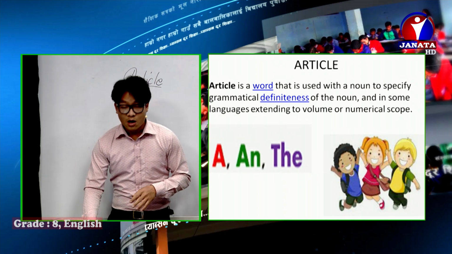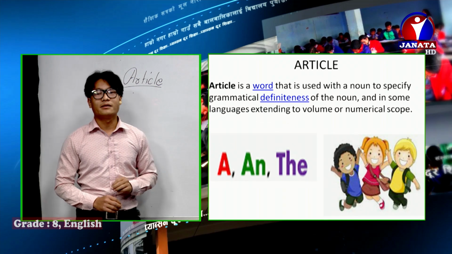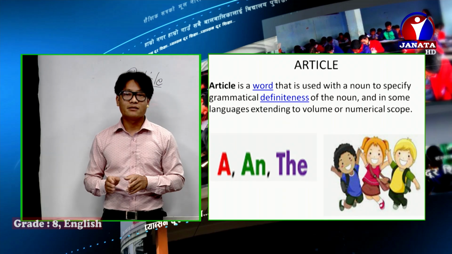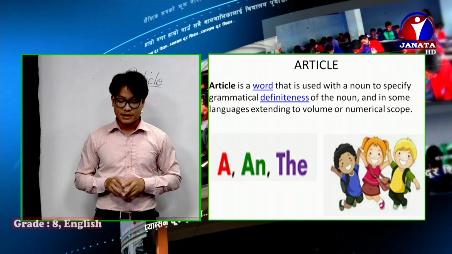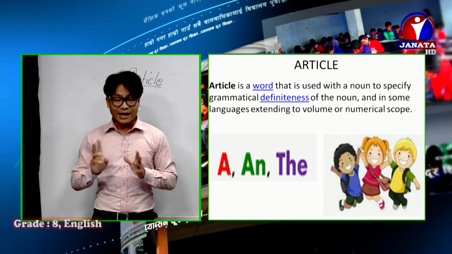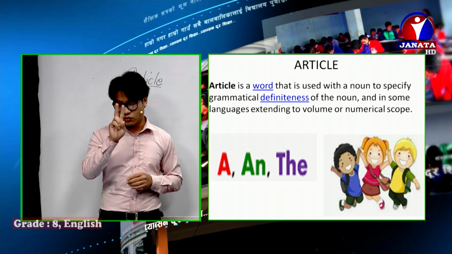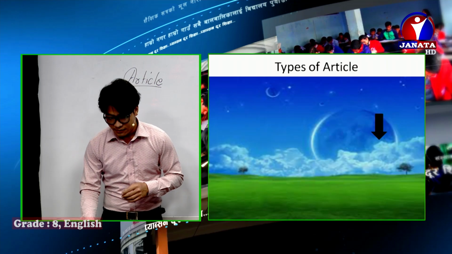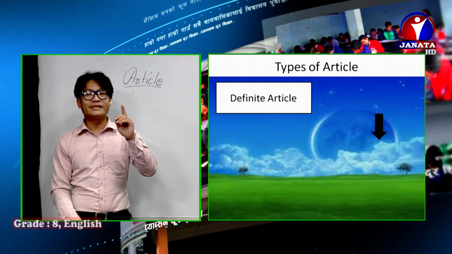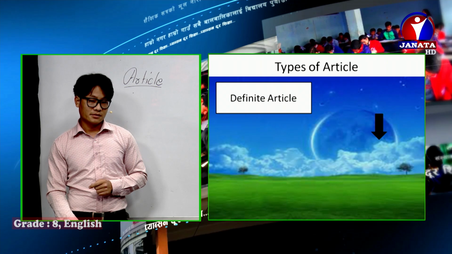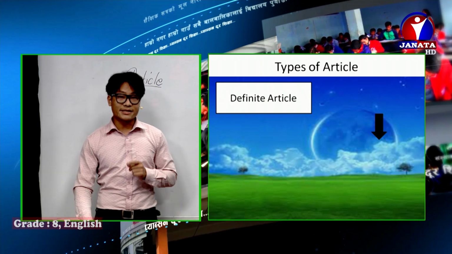So we have three articles, that is a, an, and the. But first of all, let's categorize these three articles into two types. One is definite article. So, which is definite article?